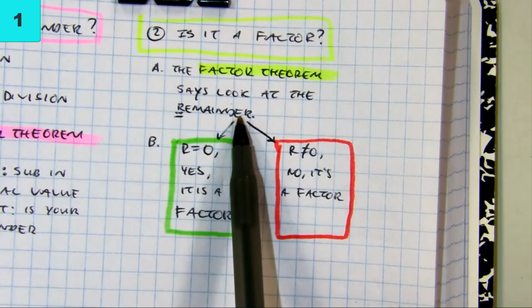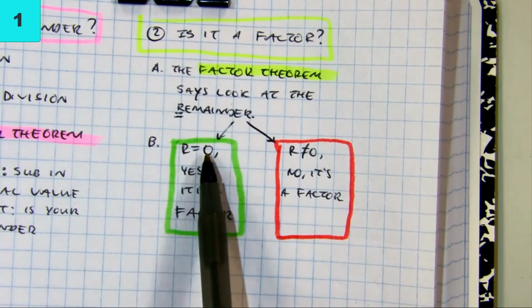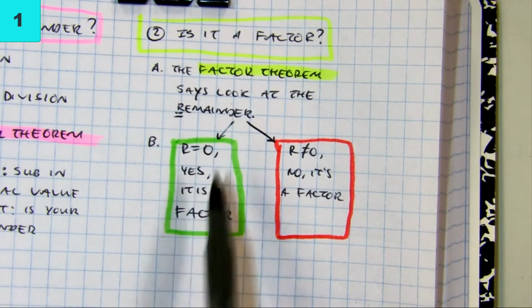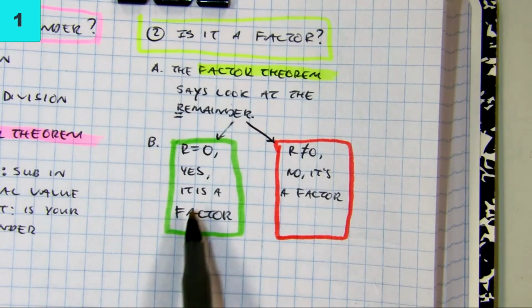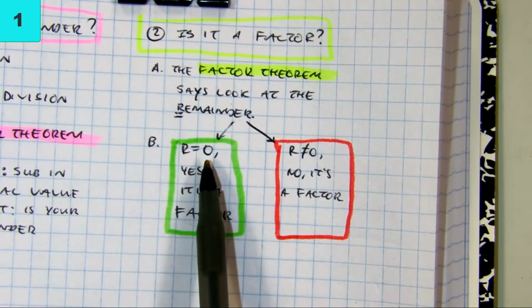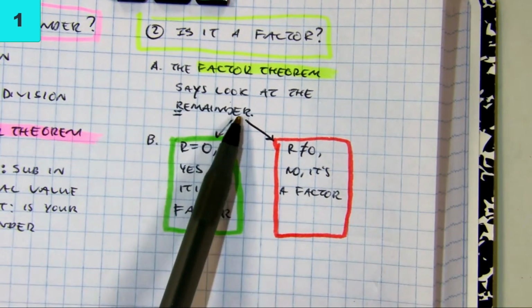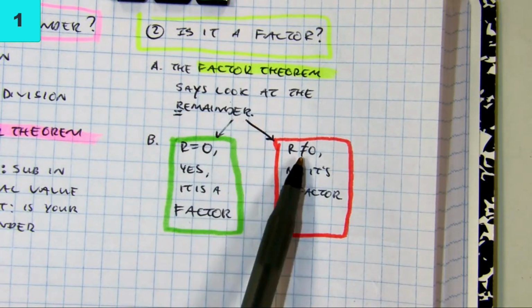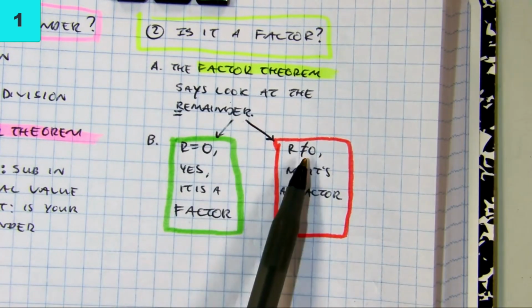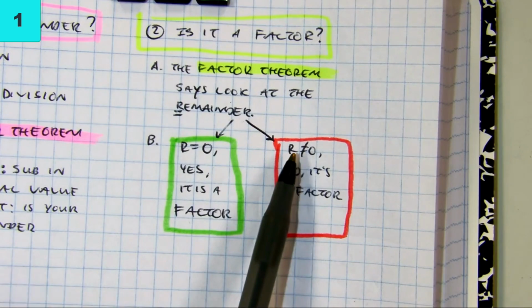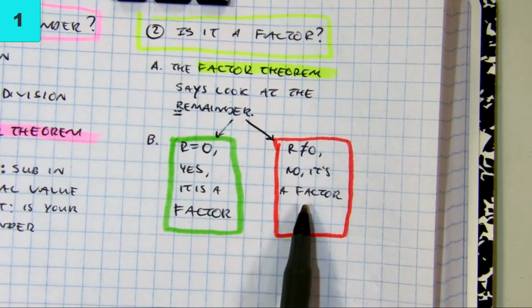If you have a remainder that is equal to 0, or no remainder, then yes, it is a factor. The reason why is that your remainder is actually your y-coordinate, 0. Does that make sense? An x-intercept is like, say, (5, 0). But if you have a remainder that is not equal to 0, so 1, 6, 10, or like our previous problem 6, then it's not a factor.